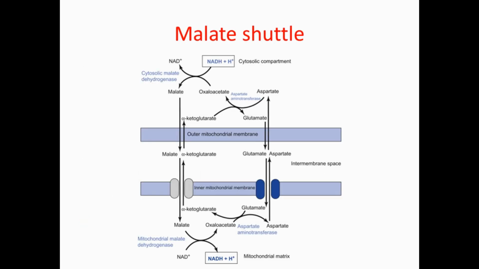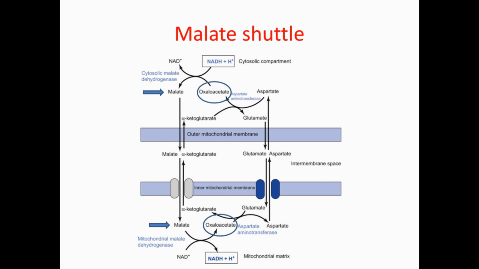As I have mentioned in my previous video on how NADH is transferred into the mitochondria, here I'm going to explain it again. Oxaloacetate will convert into malate. In this process, NADH plus H plus will convert into NAD plus in the cytosol, and that malate will go into the mitochondria and convert back into oxaloacetate, and it will free one NADH molecule.